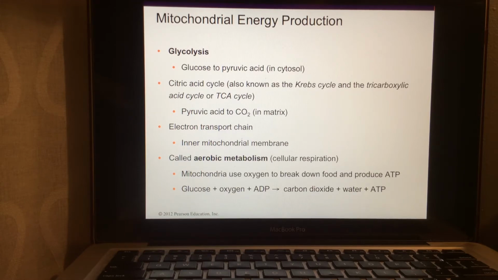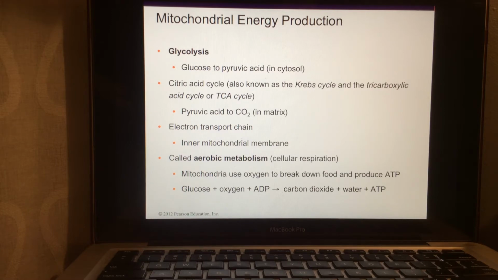It will take the byproduct of CO2 and kick it out, and we'll use some of this in the electron transport chain. You'll take all of these extra hydrogen ions and they'll enter this chain where it will make a ton of ATP.